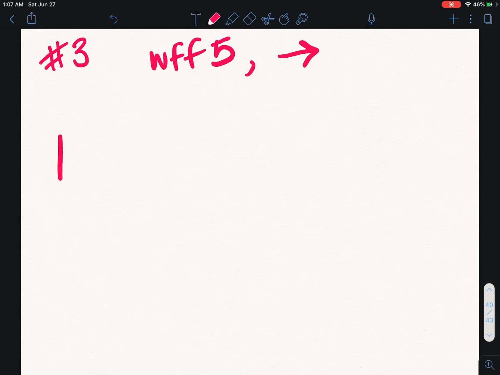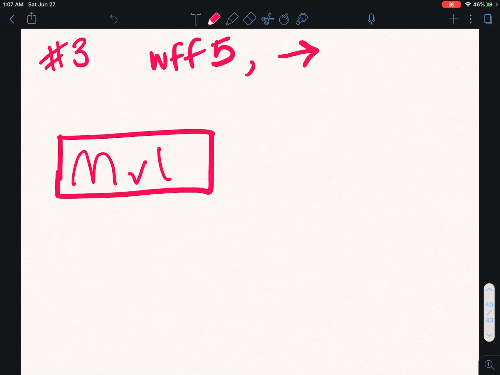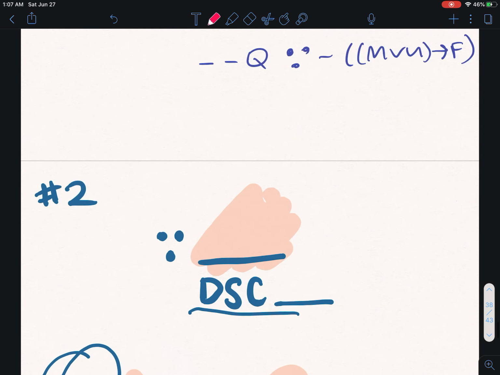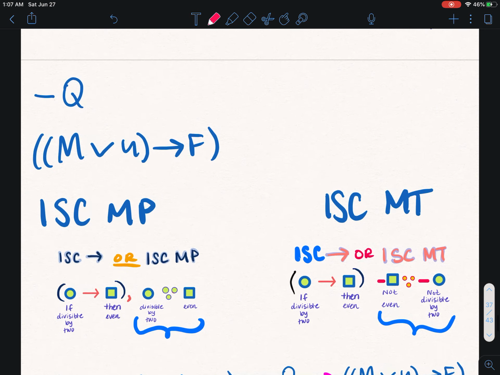So once you have number 2, the answer, and then we see wolf 5, the whole thing.